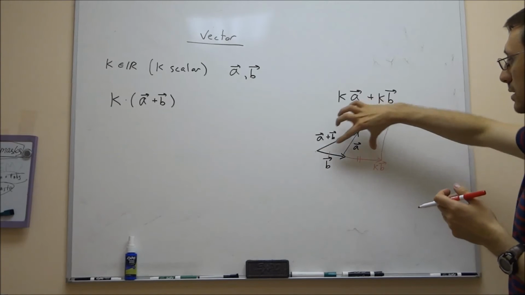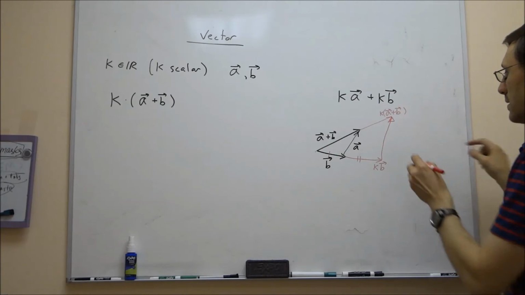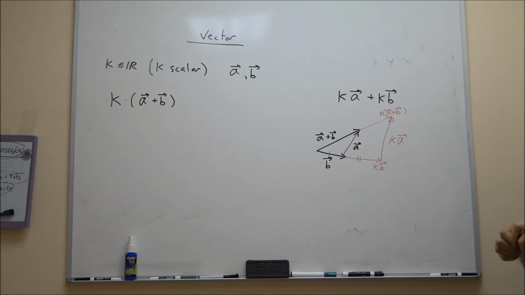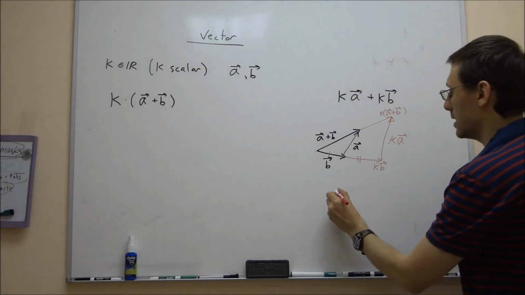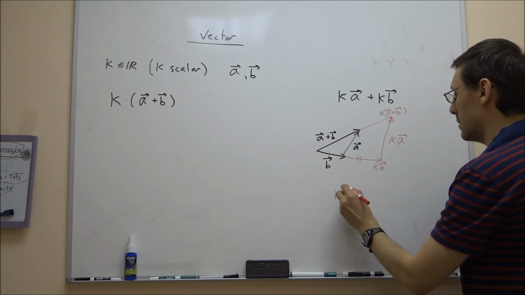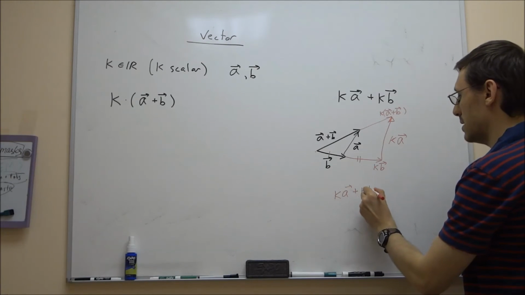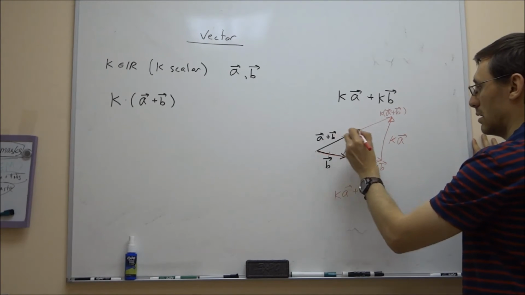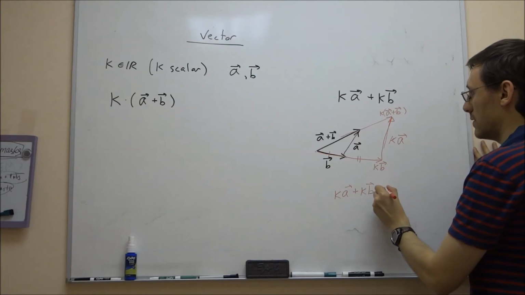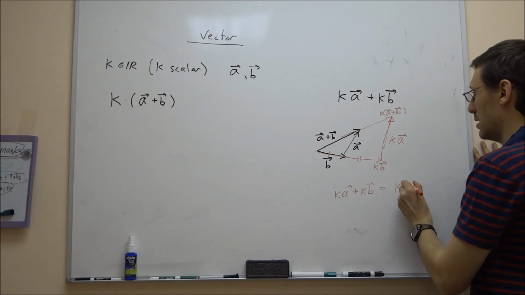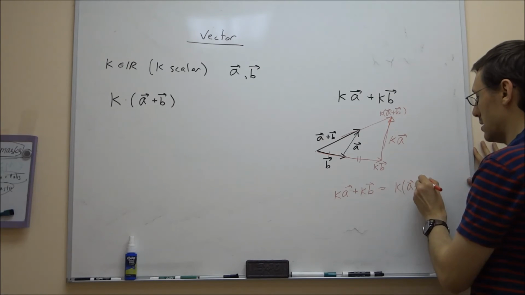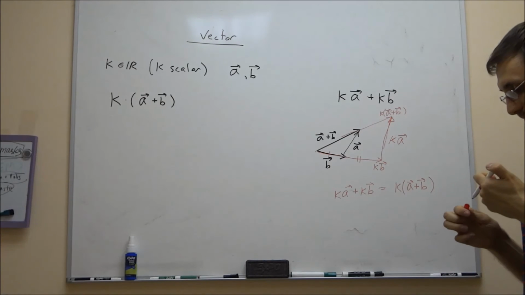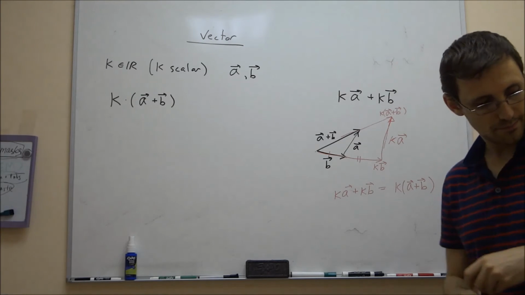Well, this triangle, each side is multiplied by k, so this must be in fact k times A. So this is the vector k times A. So you can now see that k times A plus k times b, adding the red vectors, those vectors here, this one and that one, gives you the vector k times A plus b, which shows that those quantities are the same.